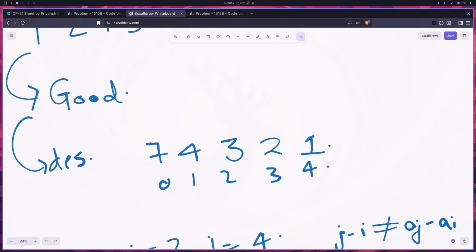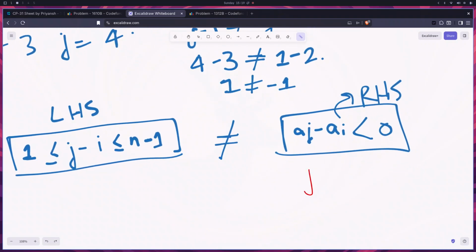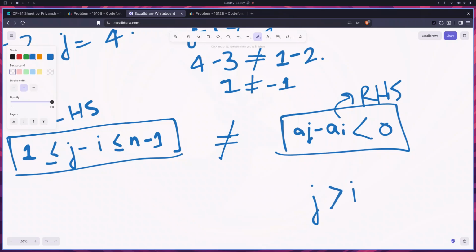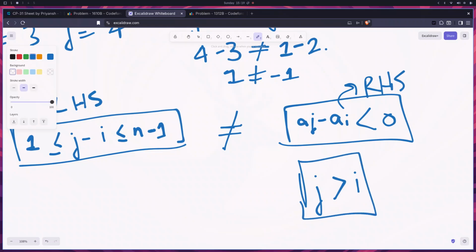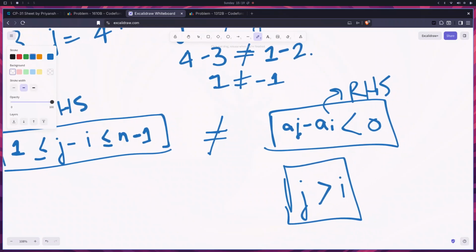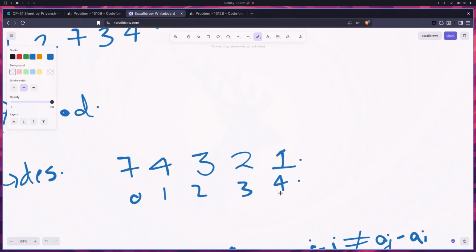As we have sorted this in descending order, in a of j minus a of I, j will be the position which is greater than I. This is a condition that must always hold true. So in this case the RHS, which is the difference, will always come negative because we have sorted it in descending order.